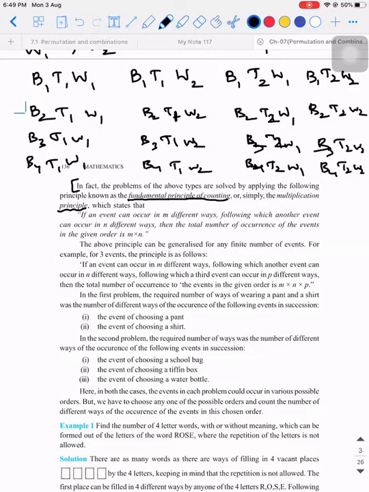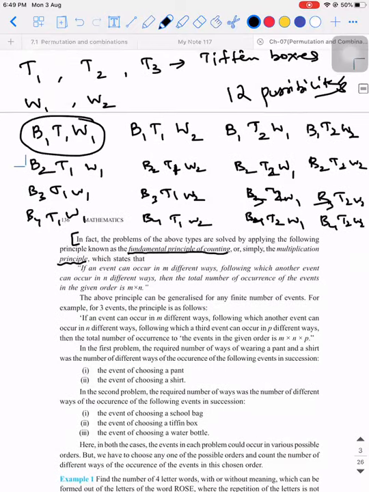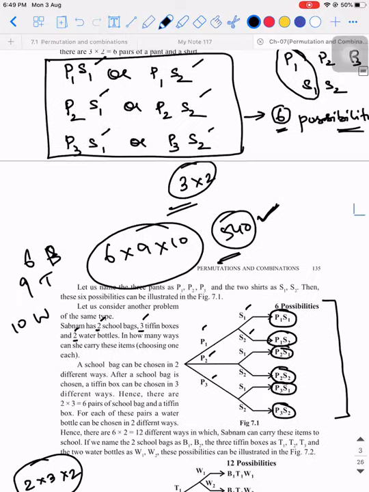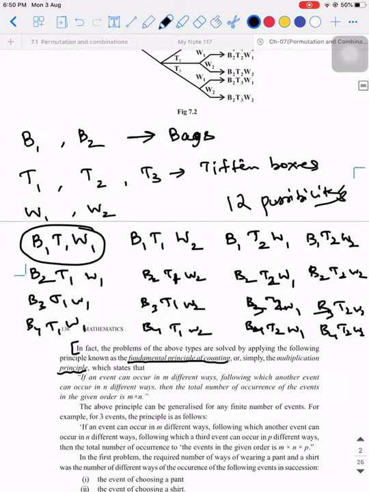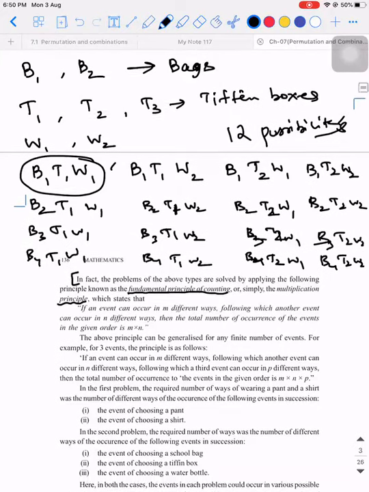But the only reason I didn't use the Cartesian product concept is that with two objects, I can call this an ordered pair, like P1, S1 or P1, S2. B1, T1, W1 is like an ordered triplet. So if there are more than 3 objects, I cannot explain. But yes, your observation is right. It is like Cartesian product.